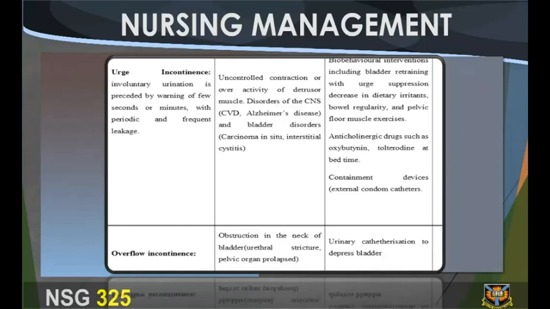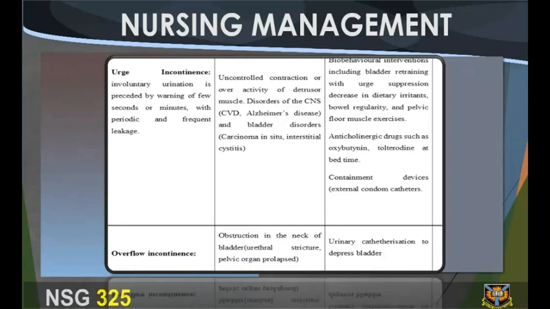Treatment: biobehavioral interventions including bladder retraining with urge suppression, decrease in dietary irritants, bowel regularity, and pelvic floor muscle exercises.